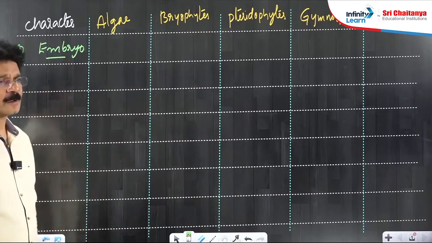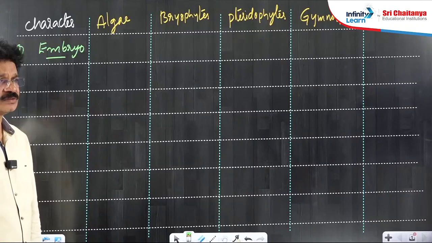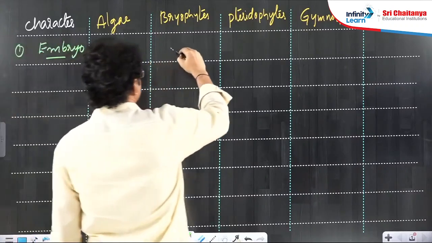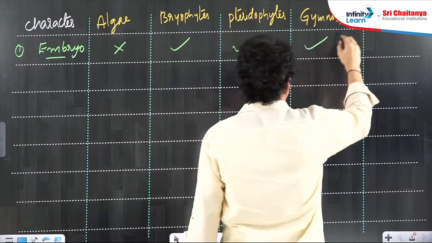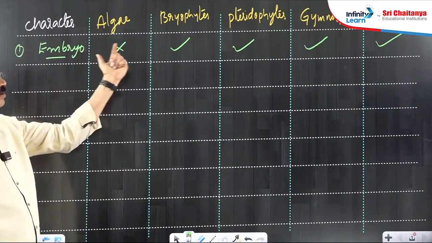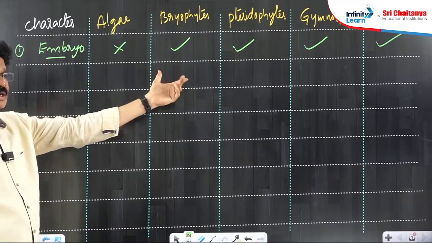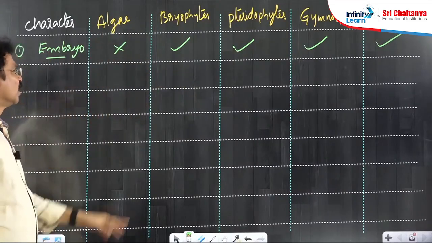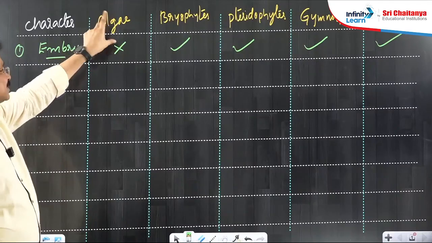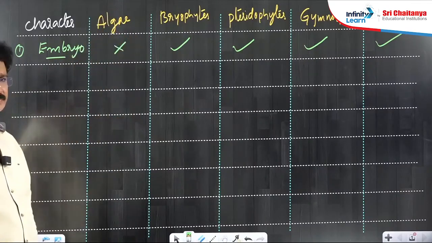Embryo present or absent? Except algae, in all the remaining members embryo formation is there. Except algae, in all the remaining plant groups in the plant kingdom, embryo is present. Lacking embryo in the life cycle, algae is also called non-embryophytes.